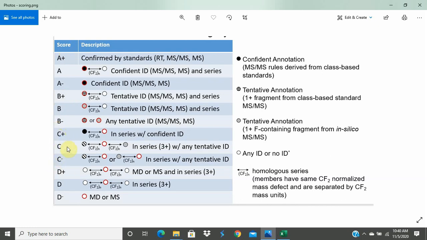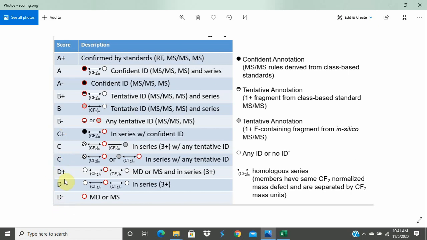A score of C means these compounds fall in a series with A or B, so the structure may be the same as other compounds with MS-MS evidence, but with a different length of CF2 chain. It is important to note that there are many cases of these exact mass hits not being PFAS at all, and therefore these results are tentative.